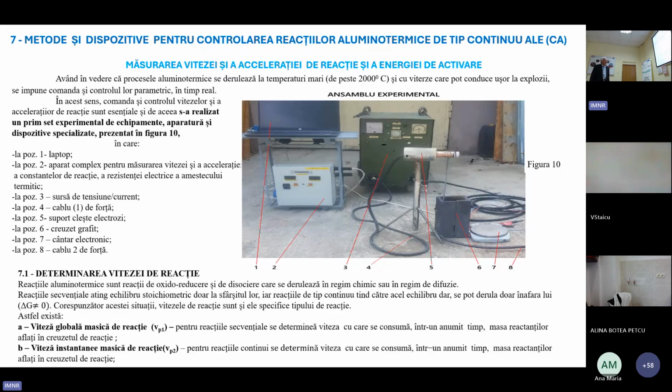Sunt 2 parametri absolut importanți, sunt mai mulți, dar 2 parametri sunt, ca să zic așa, cruciali: viteza de reacție și accelerația de reacție.